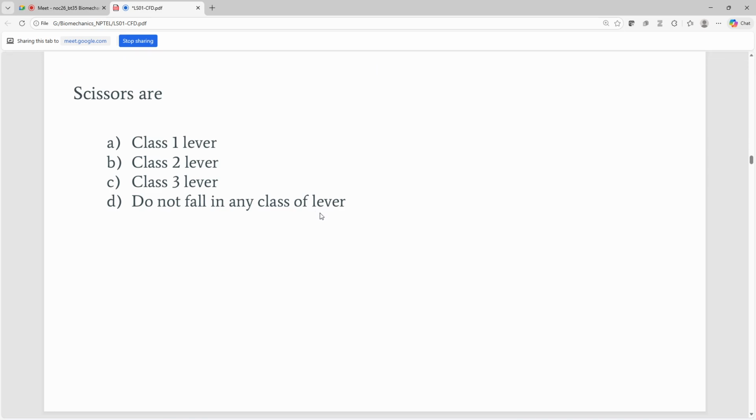So how are these levers classified? These lever systems are defined to reduce the effort we put in to do some work. There are three things called fulcrum, load, and effort. Our objective is always to reduce the effort to move the load, and there is something in between called the fulcrum.